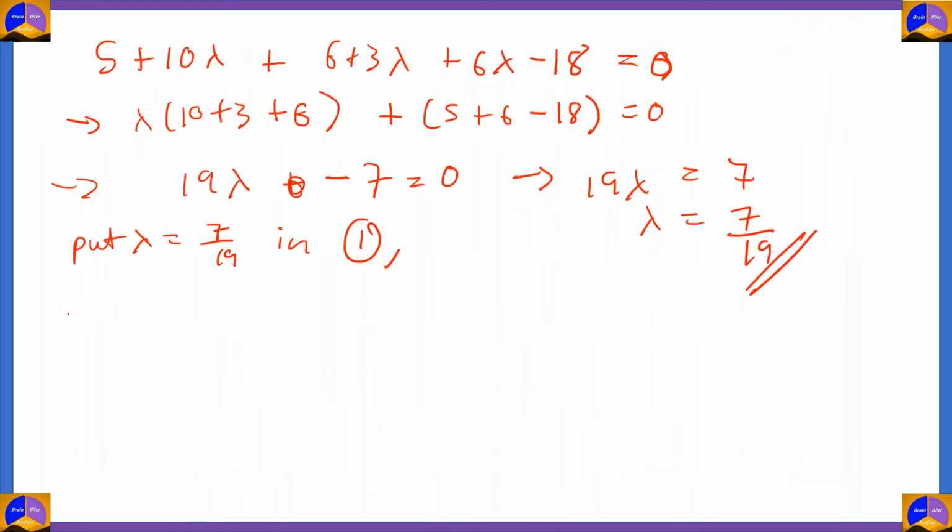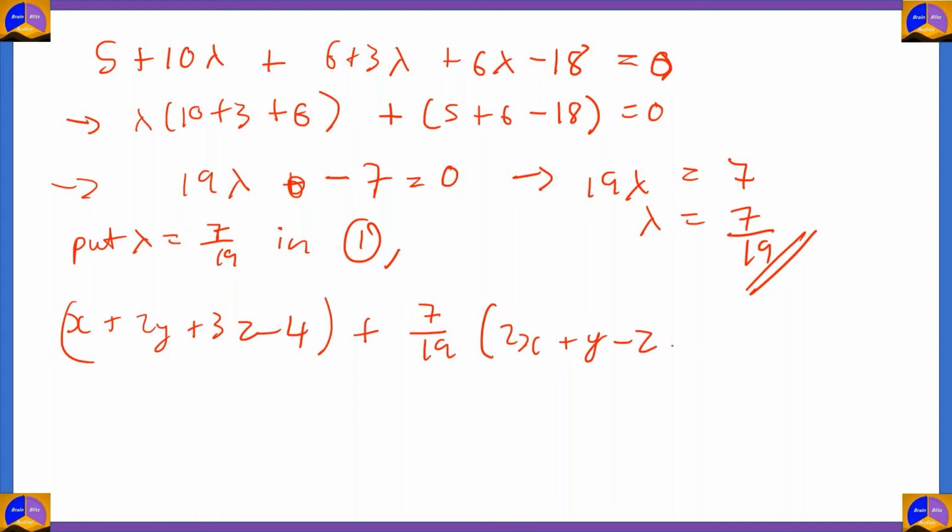Yes, we do. So x plus 2y plus 3z minus 4 plus, we put the value of lambda as 7 by 19 times 2x plus y minus z plus 5, and then it is equal to 0, the right hand side. Now let's split into x, y, and z components.